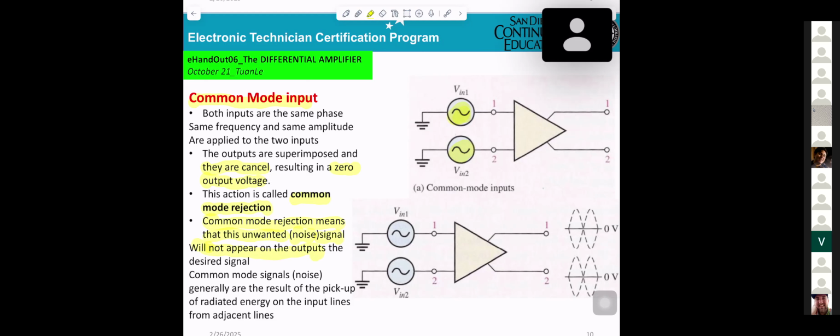Common mode signal, that means the noise, is generally the result of the pickup of radiated energy on the input signal line from an adjacent line. So basically, if both inputs get the identical signal, the op amp considers that to be noise, and it will be canceled out. So that's why the output will be 0 volts.